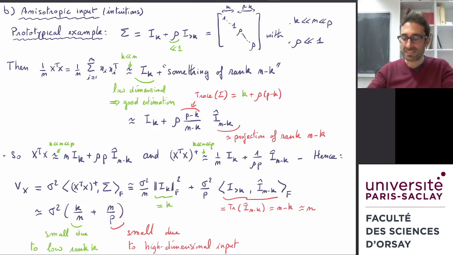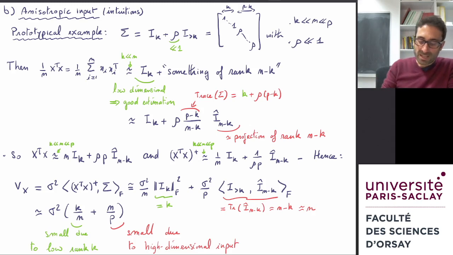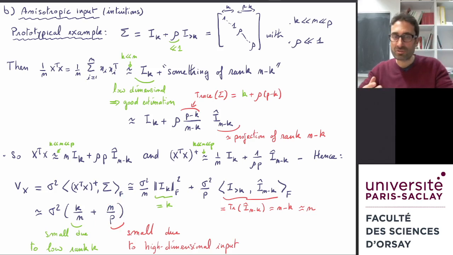What you can see is that in this setting, where you have a low dimensional part in a very high dimensional space, you will have a variance which is small for two different reasons. Here it is small because k is small compared to n, which corresponds to classical low dimensional estimation. And this part is small due to the high dimension of the input.